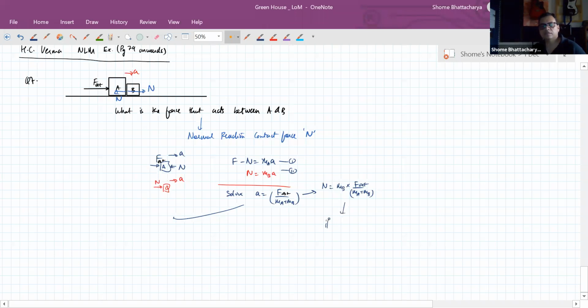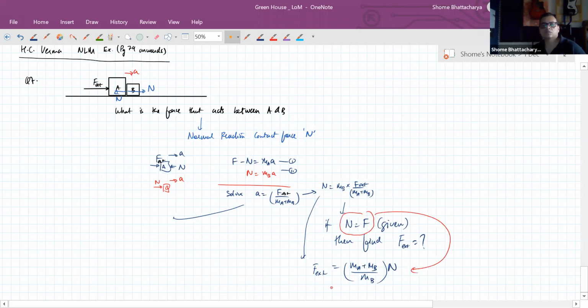Now the question is saying that if N is equal to F, given, then find the external force that we are applying. So just use this equation. You can see that F external from here is equal to (m_A plus m_B) upon m_B times N. So substitute the value of N as F. You'll get your F external as 1 plus m_A by m_B times F. Is it clear now?